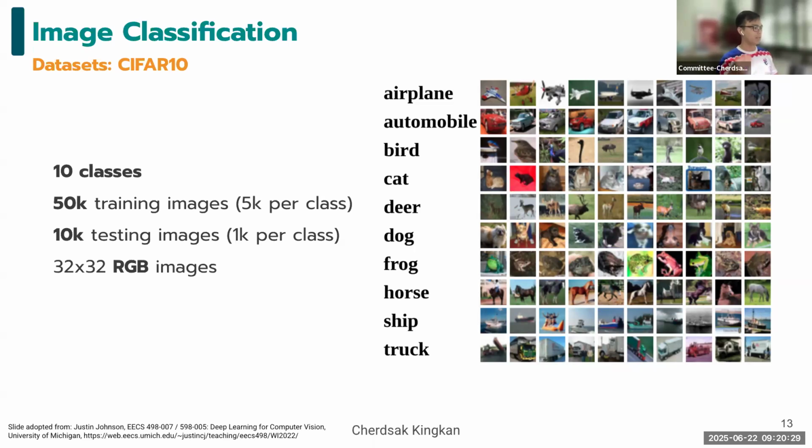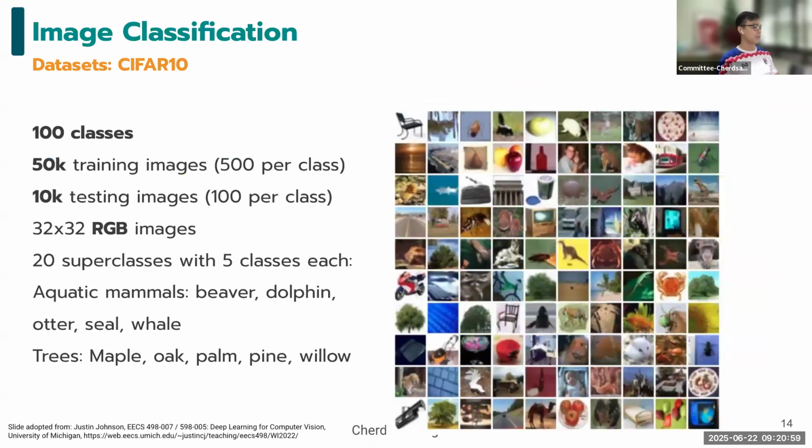It has roughly the same number of training images, 50,000 images, 5,000 per class, and 10,000 testing images, 1,000 per class. It has slightly higher resolution, 32 by 32, and it is a color image, RGB, which means it has 3 channels, right? So that's CIFAR-10.